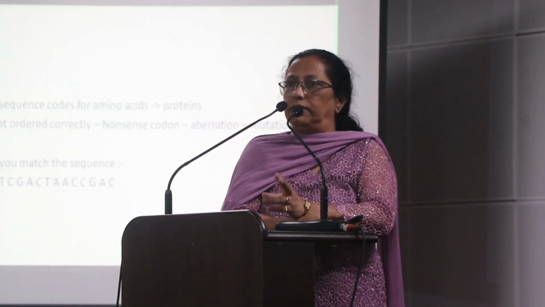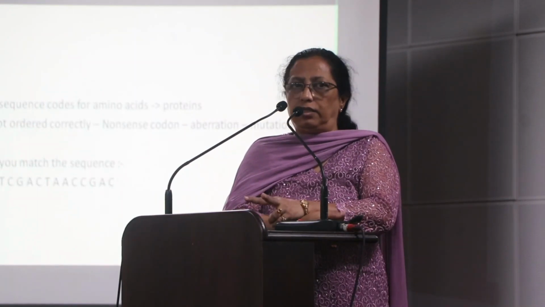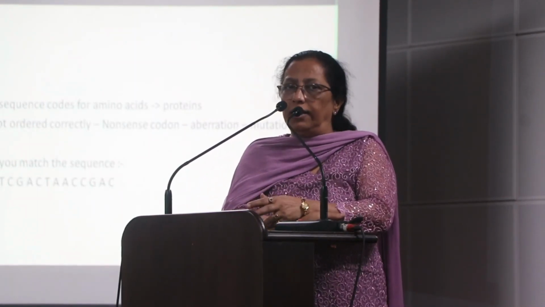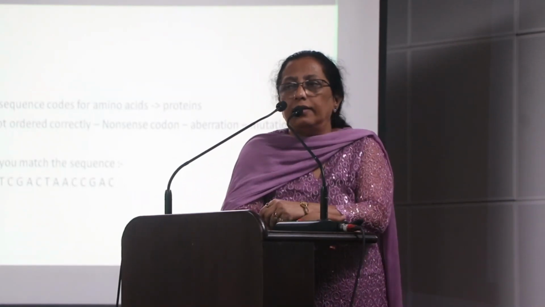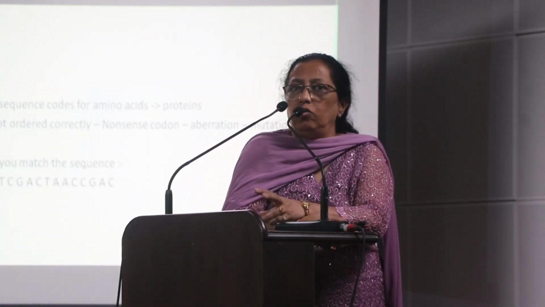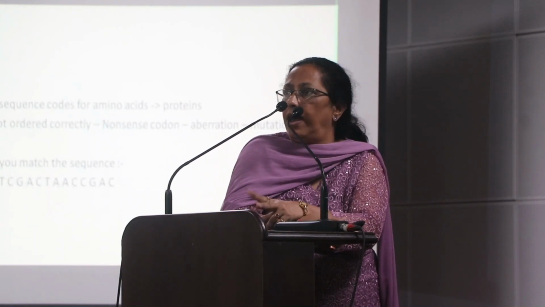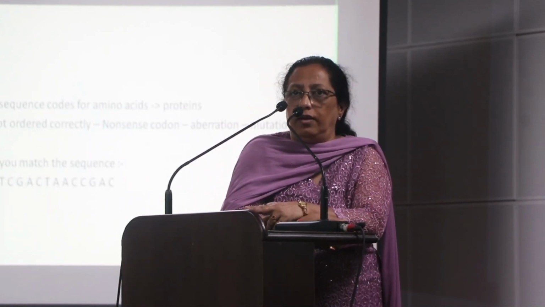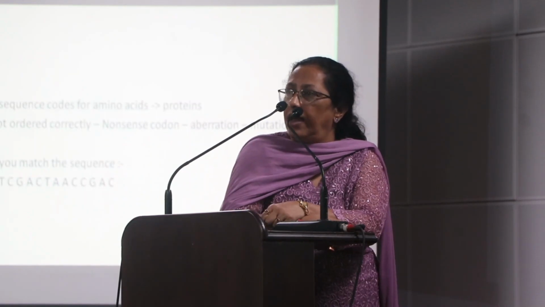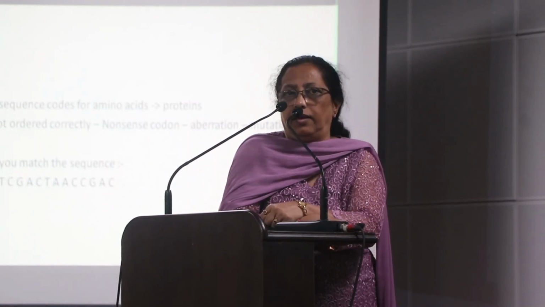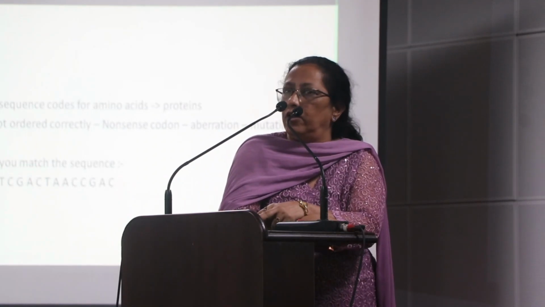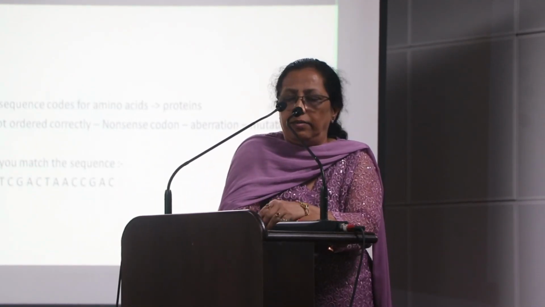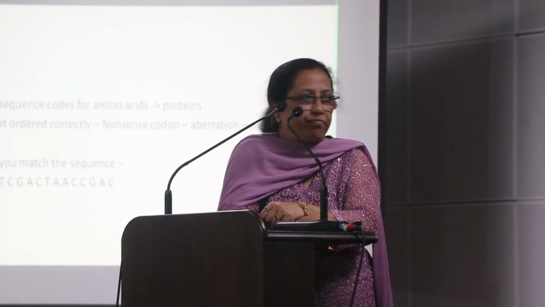Both the crime scene sample and the suspect sample undergo the process of DNA analysis. If the sample and the suspect sample, that is the control, match, then that person can be said to be guilty. And if they don't match, then you can acquit that person of having committed the offense, the crime.